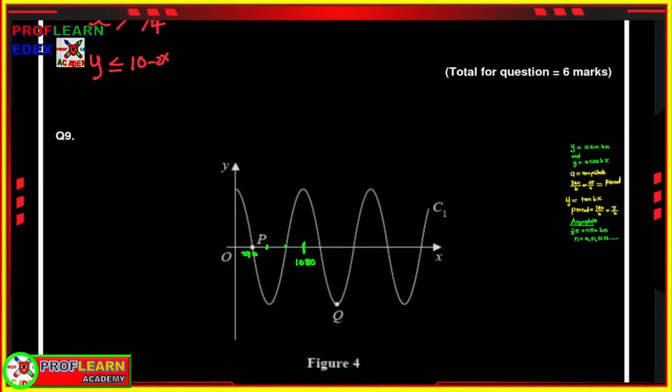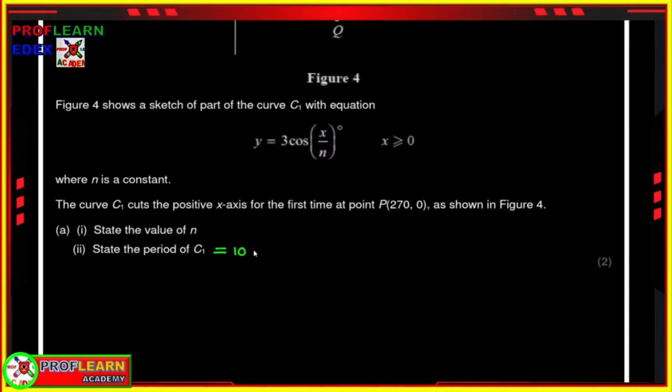Since 1/4 is 270, if you multiply 270 times 4, that will be 1080. So 1080 is the period of this kind of function.